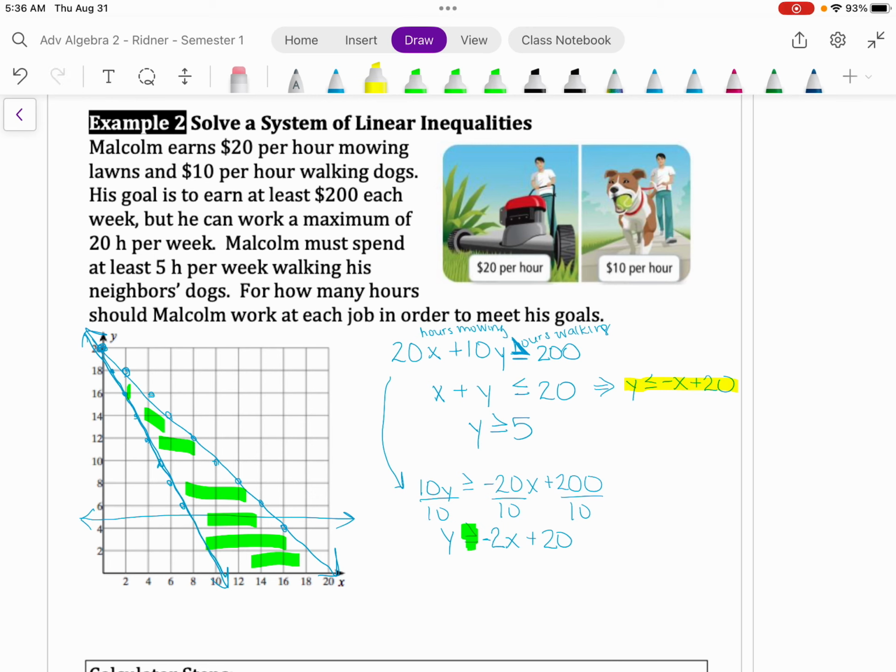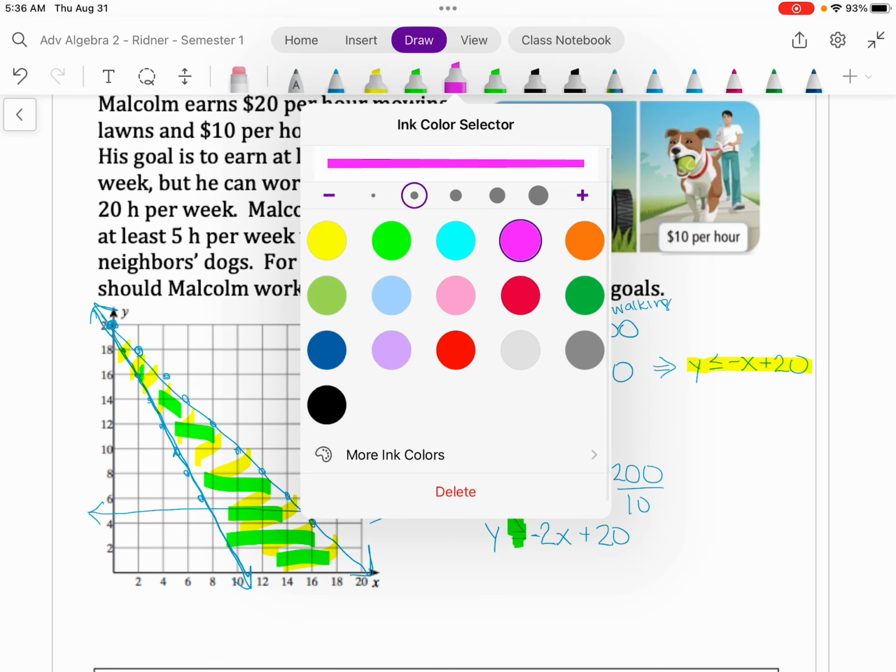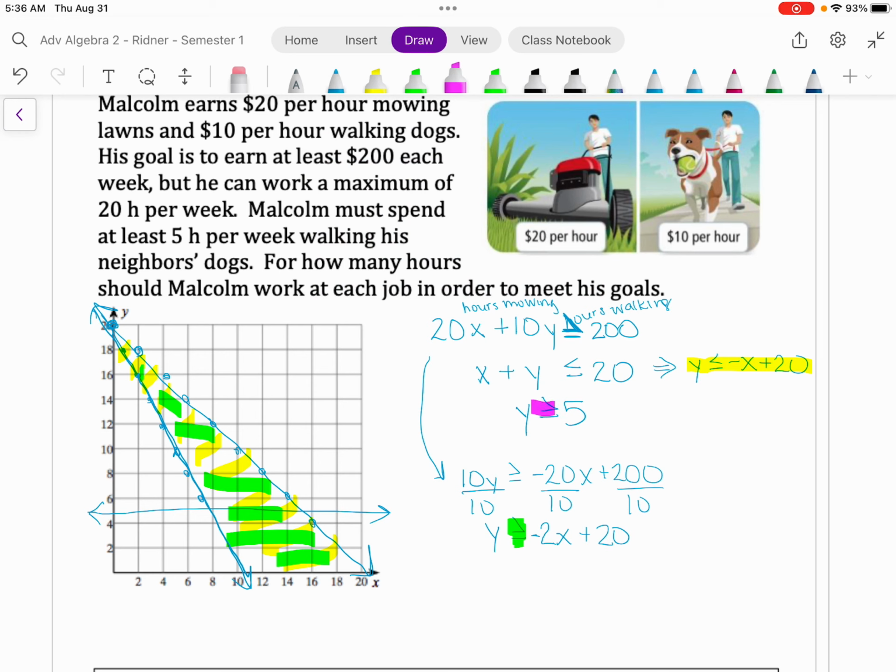The yellow one, less than or equal to the other line, kind of goes this way. But it's also got to be greater than 5. So then that kind of bounds it to right here. And that is my system of inequalities.